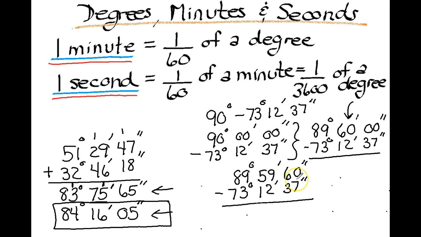So if we take 37 seconds from 60 seconds, we get 23 seconds. If we take 12 minutes from 59 minutes, we get 47 minutes. And if we take 73 degrees from 89 degrees, we get 16 degrees. So our final answer, after all the regrouping, is 16 degrees, 47 minutes, 23 seconds.